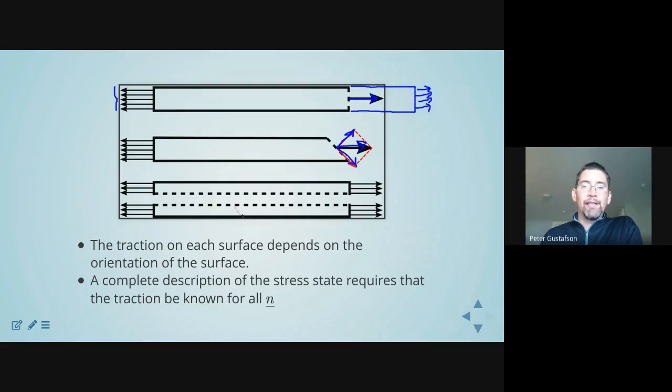And then last but not least, there's no reason why I couldn't have made a cut, in this case horizontally, so I've exposed the internal surface along the entire length. Now, of course, we have a normal vector that's in our y direction, we'll call it, for lack of a better descriptor, so in the vertical direction.